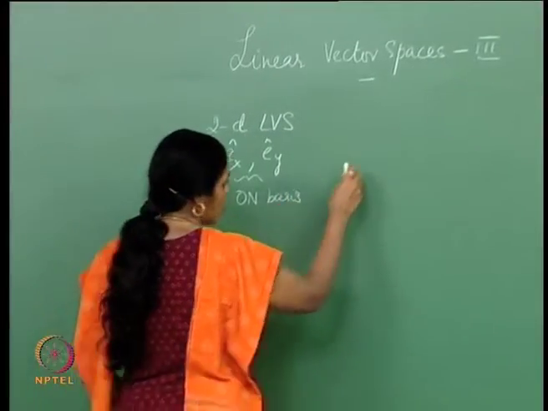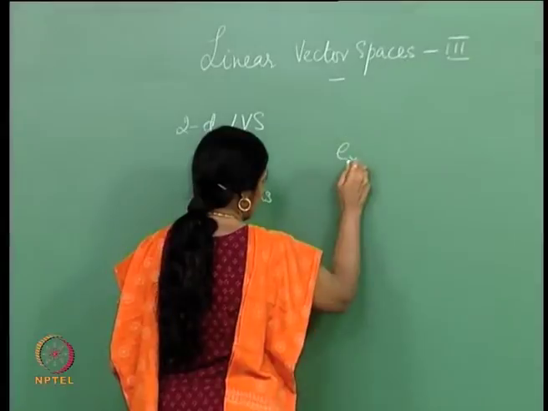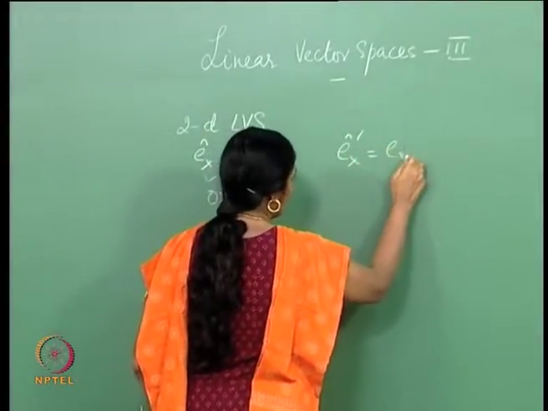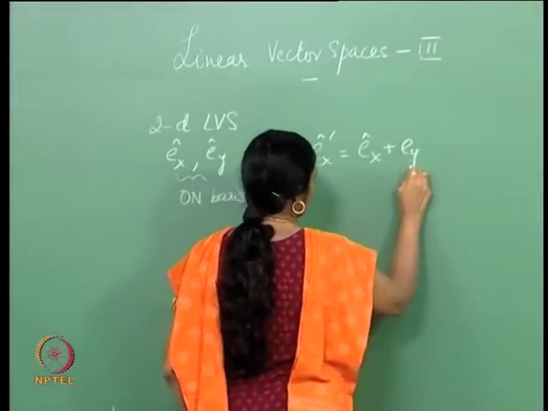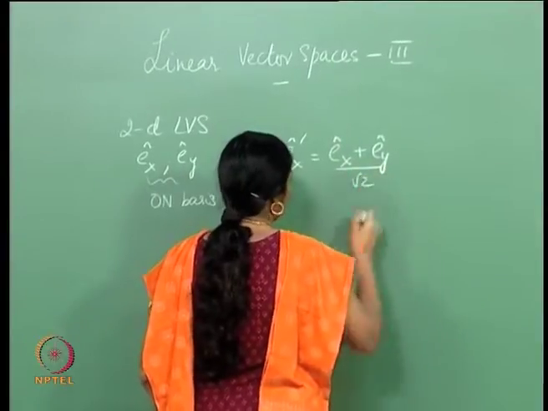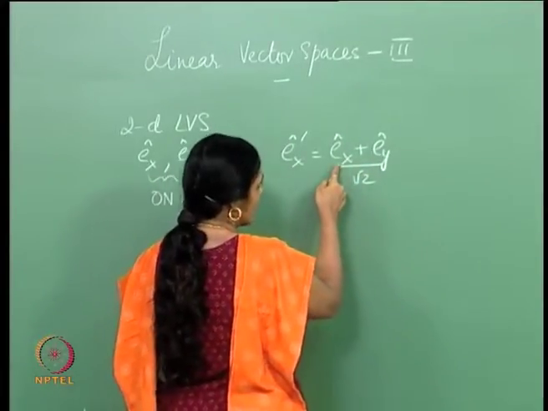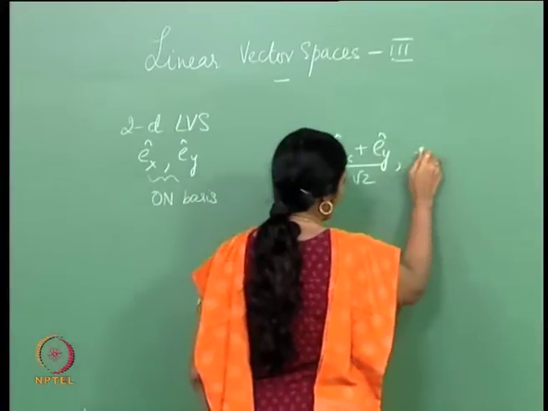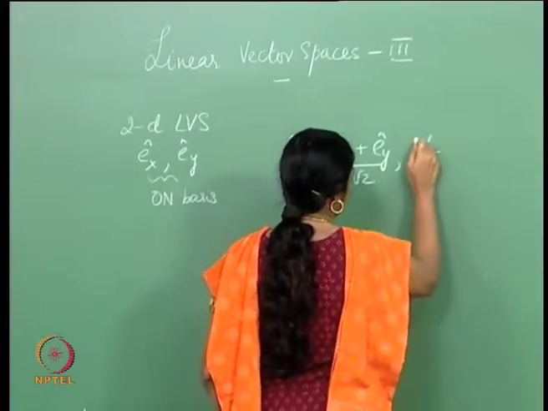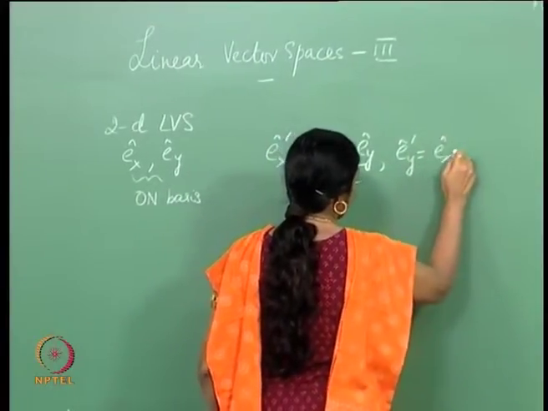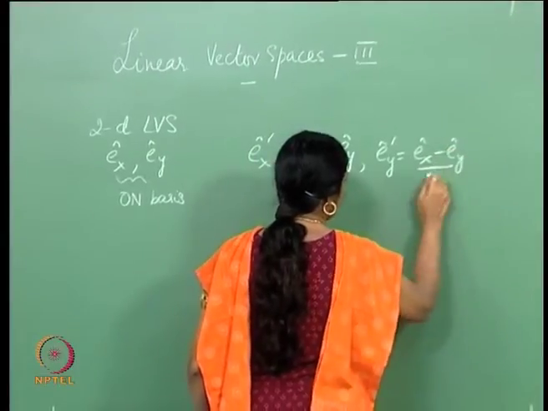I could have chosen the following basis. For instance, I could have selected Ex prime, which is Ex plus Ey by root 2, and Ey prime, which is Ex minus Ey by root 2.